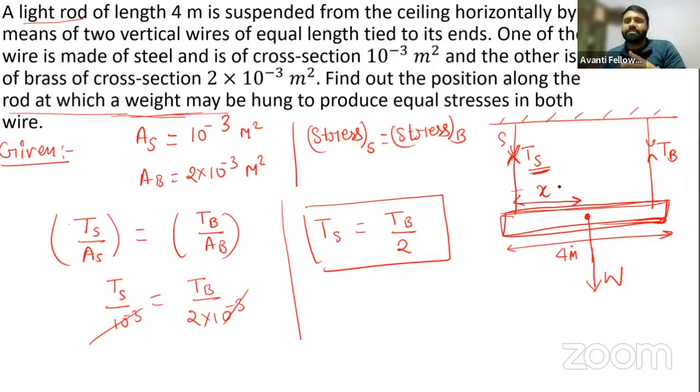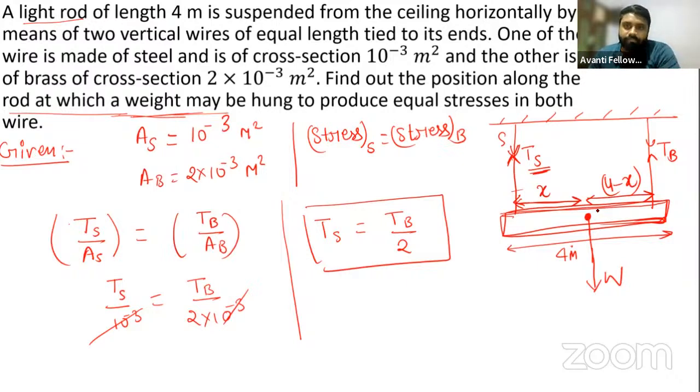Let me place this weight, which is acting downward, at a distance x from the steel wire. So the other distance will automatically become 4 minus x. Got it?